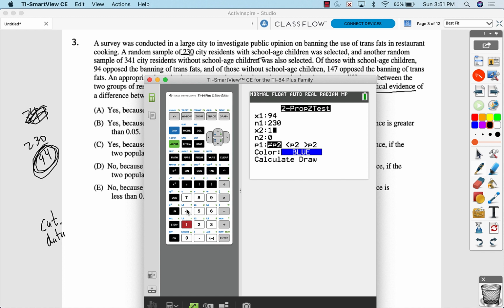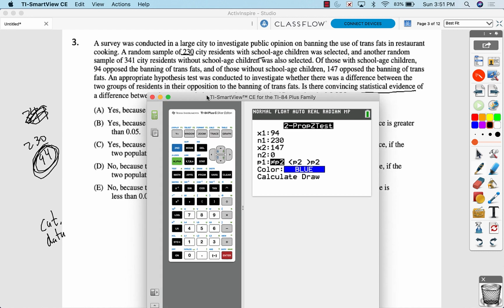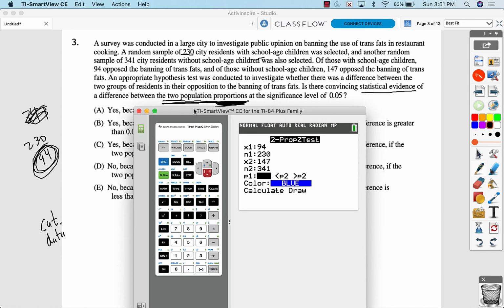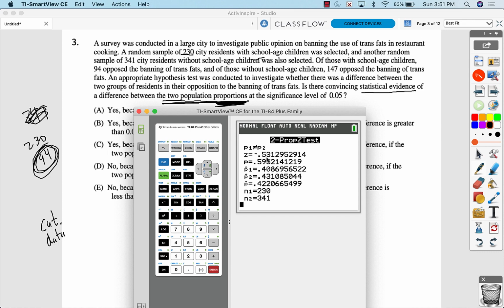So that's 147. If you're doing this the long way, that's not a good idea. You have to do these things by calculator, because once you do this, it goes so fast. Now, they're asking for a difference. They didn't say one was bigger than the other one. So if they're asking for a difference, it's a not equal to. Okay, 94, 147, just double checking my numbers.